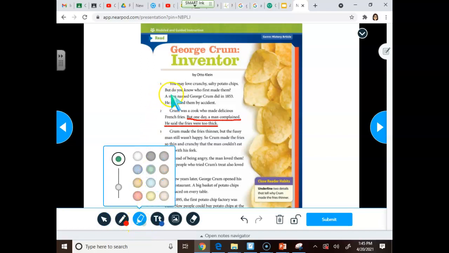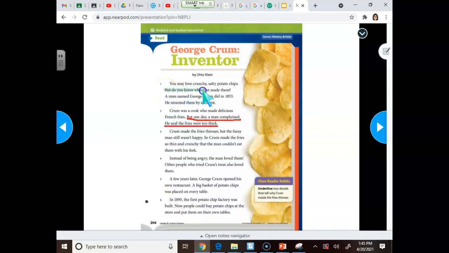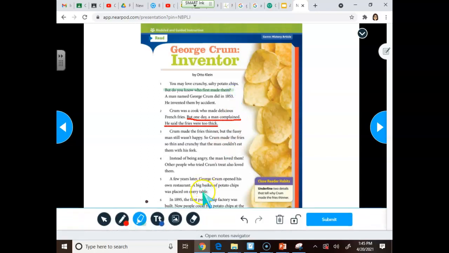Look at paragraph 1. But do you know who first made them? And then what do we start getting after that? Facts. A man named George Crumb did in 1853. He invented them by accident.